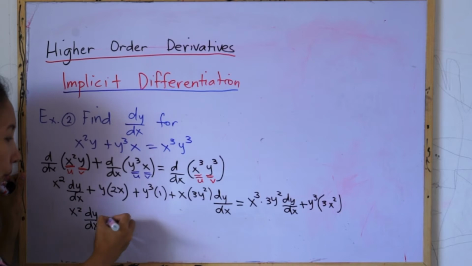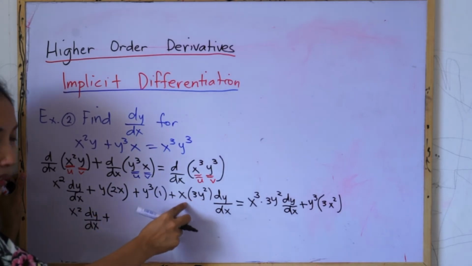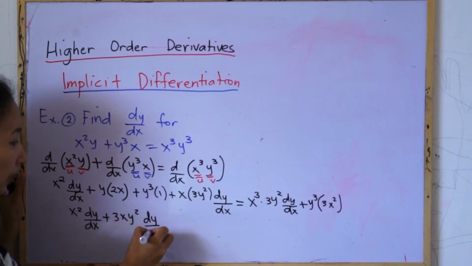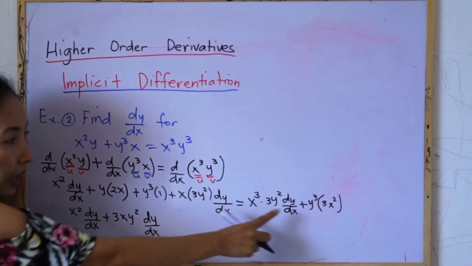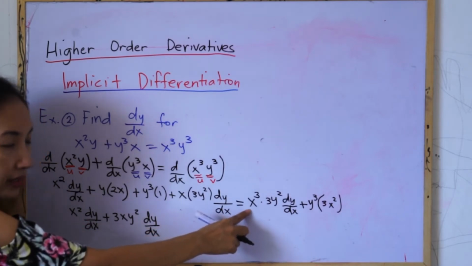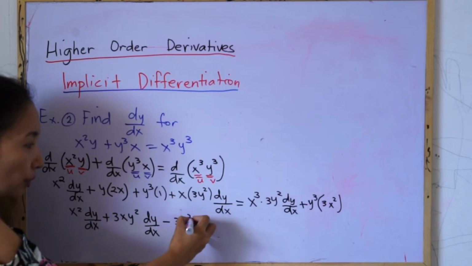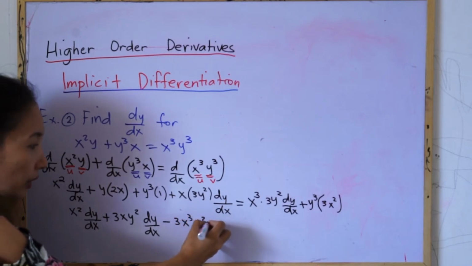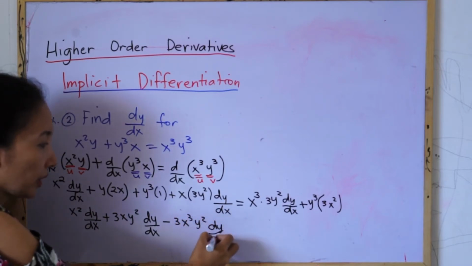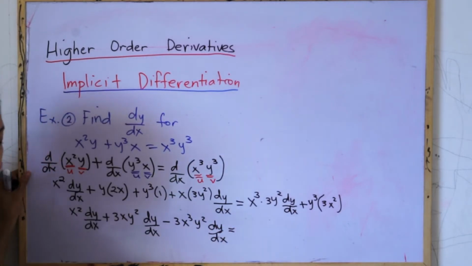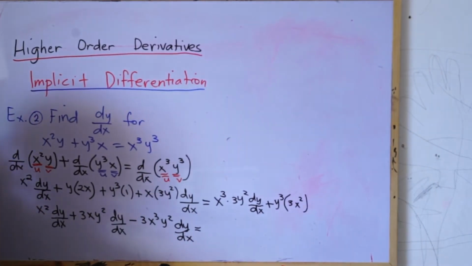The same is true with multiplying this 3xy squared dy over dx. How about this? Minus 3x cubed y squared dy over dx. The non-dy/dx terms will be written on the right side of the equation.